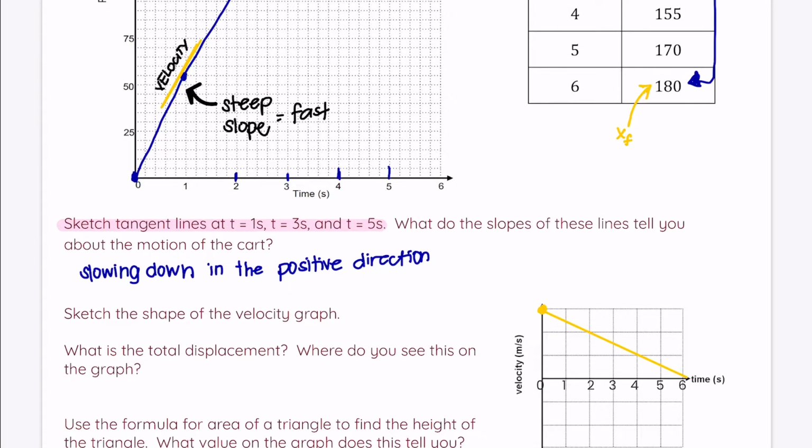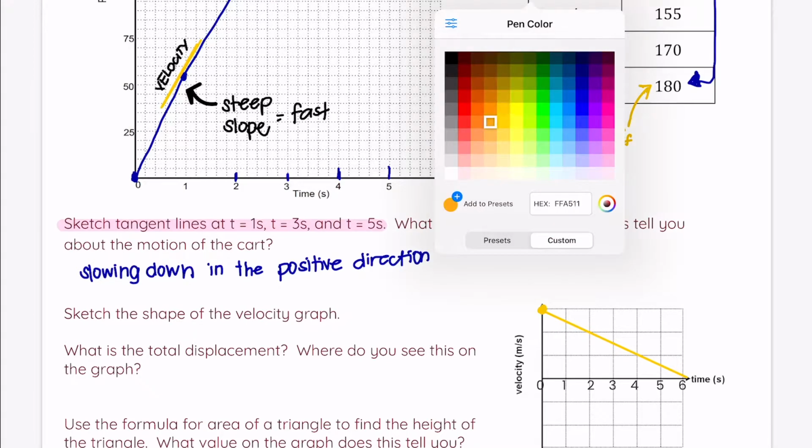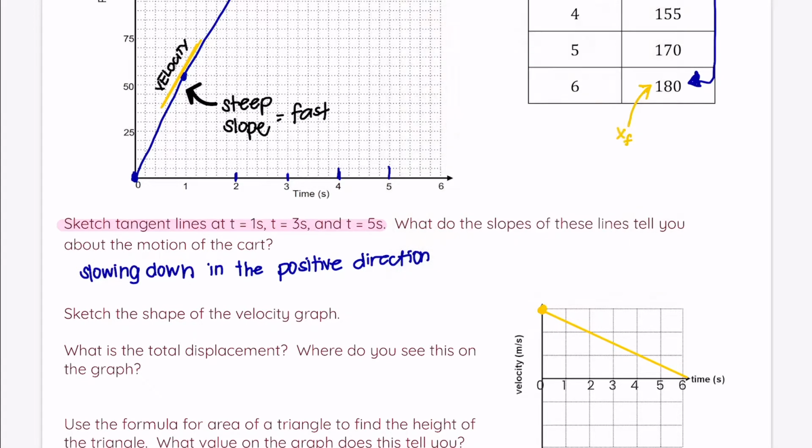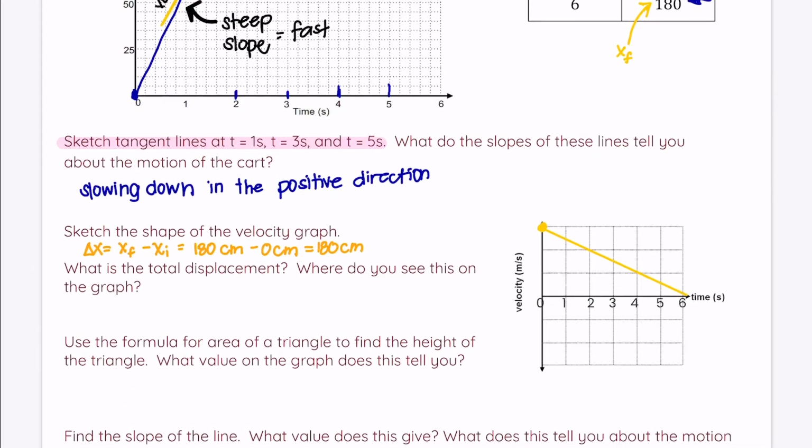So we're going to take our displacement. Our delta x is equal to our final position minus initial position of 180 centimeters minus 0 centimeters, and it's going to give us 180 centimeters. So our total displacement is 180 centimeters.